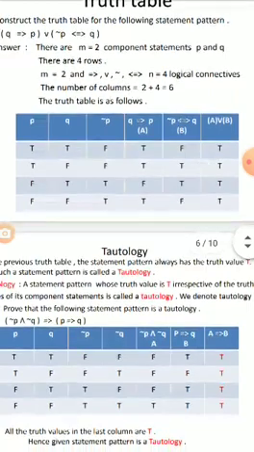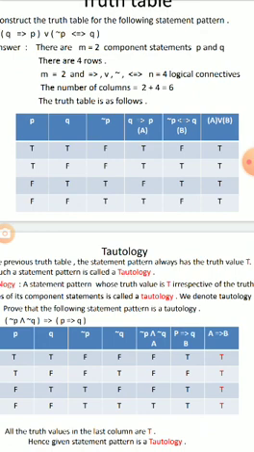That is what is shown here. Now the order of the truth values of P and Q should not be changed as far as possible. Otherwise you may get wrong values in the last column. So to avoid that, do not change the sequence of the truth values of P and Q.